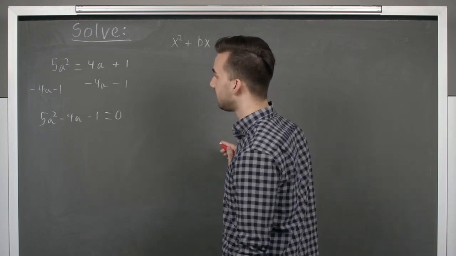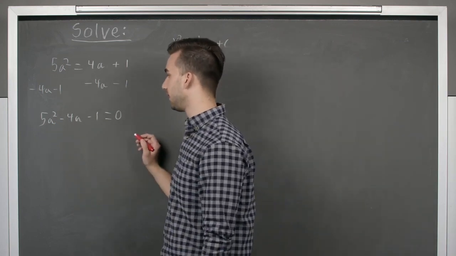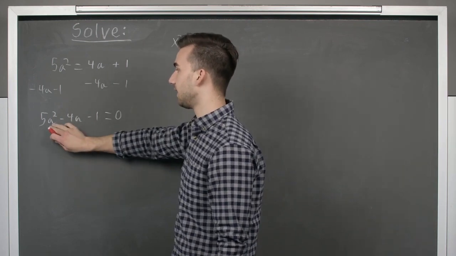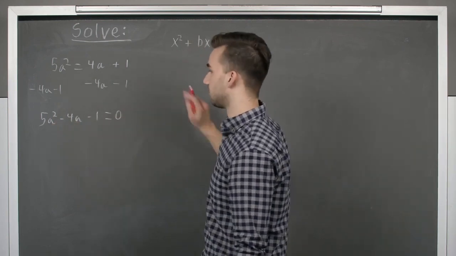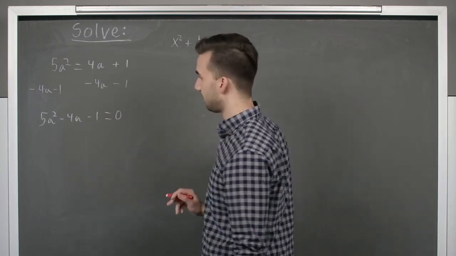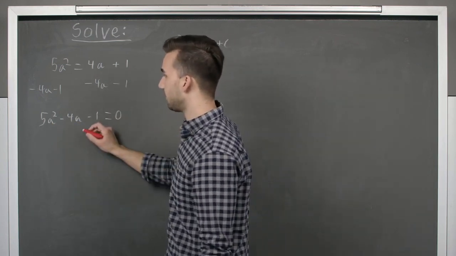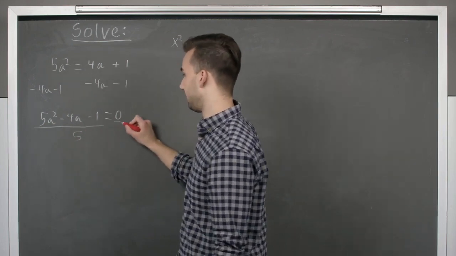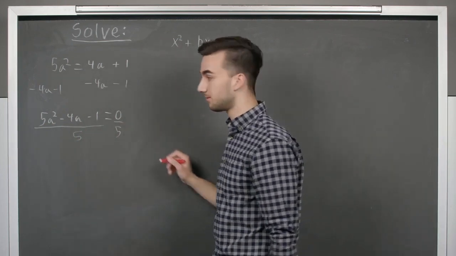So all we really need to do at this point is divide both sides of the equation by 5 to get a squared, just as a normal a squared times 1. We can divide this by 5, and 0 divided by 5 is 0.